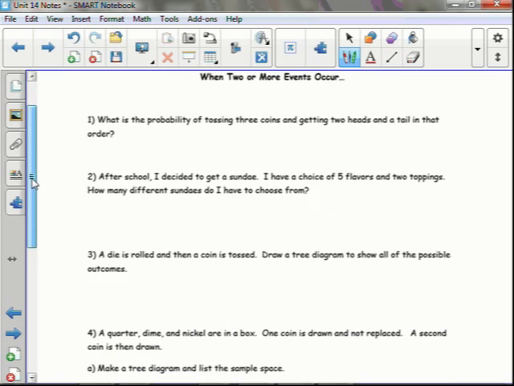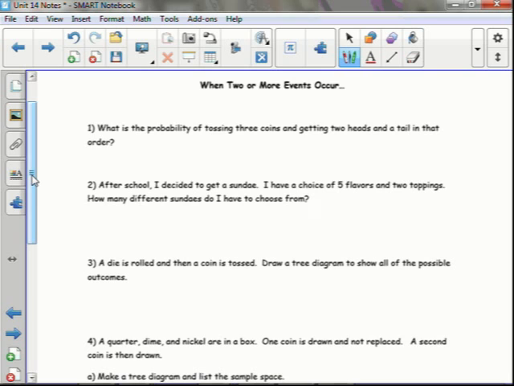So, when 2 or more events occur, what is the probability of tossing 3 coins and getting 2 heads and a tail in that order? All right, now before, what we did is we would do a tree diagram, and we could do a tree diagram in this instance.